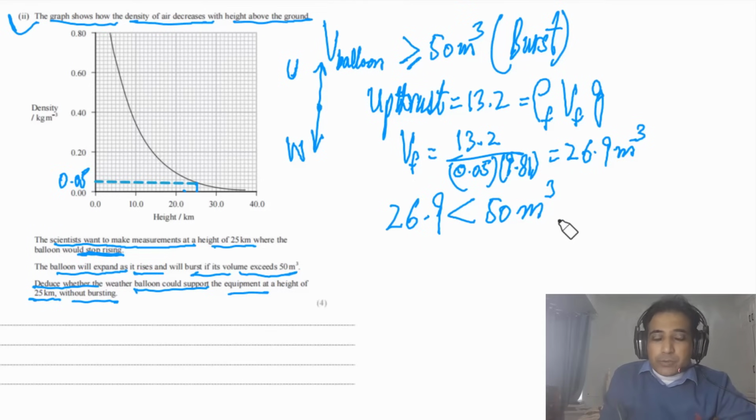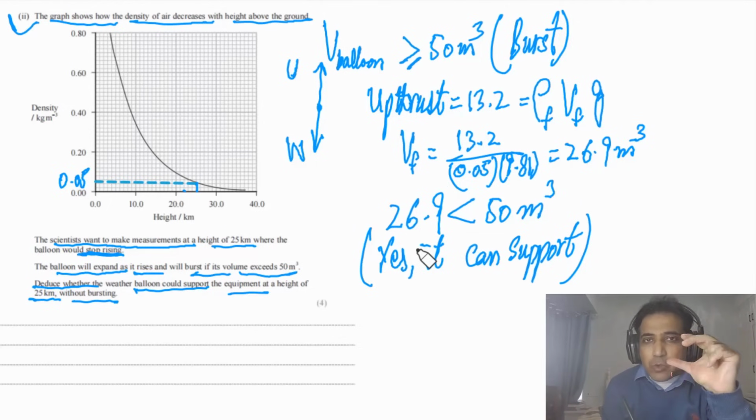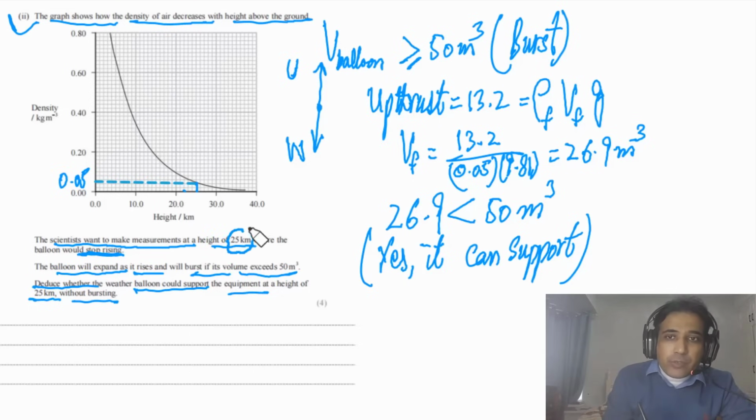So yes, it can support. Because this is the volume of fluid displaced, and if we consider the volume of equipment, the volume of the balloon will be even smaller than this value. So that's the reason the balloon will not burst and it can support the equipment at 25 kilometers.